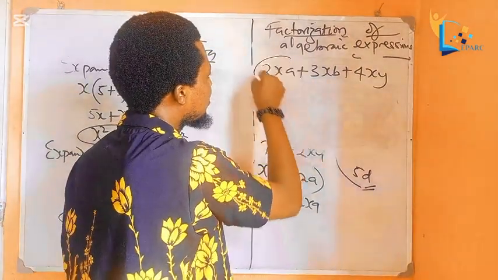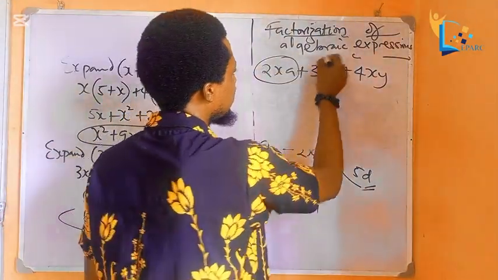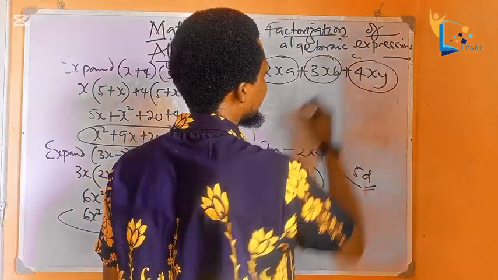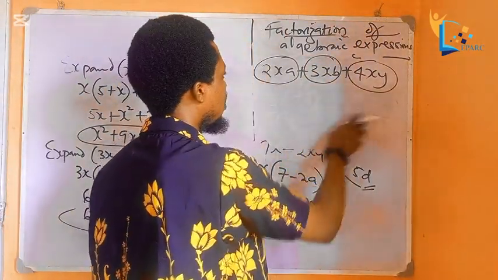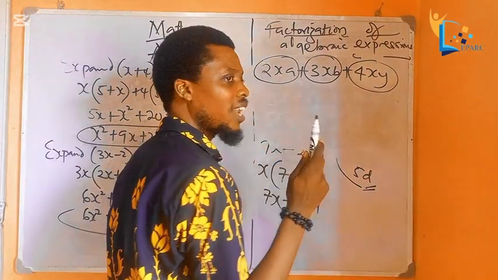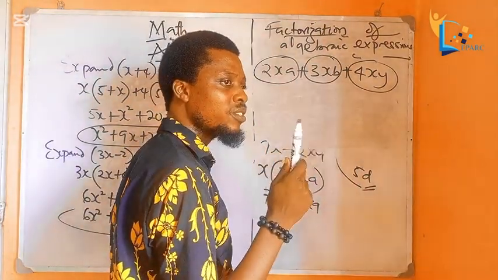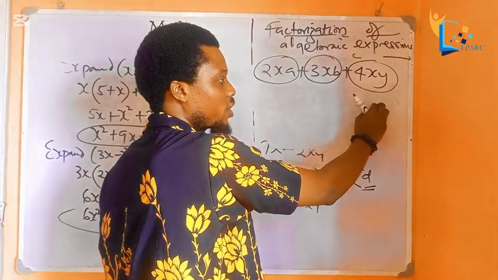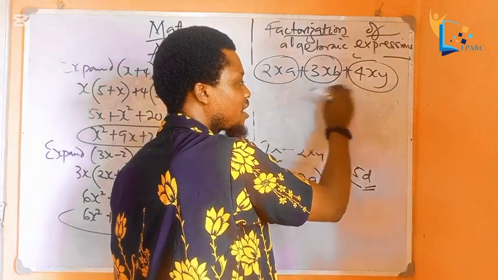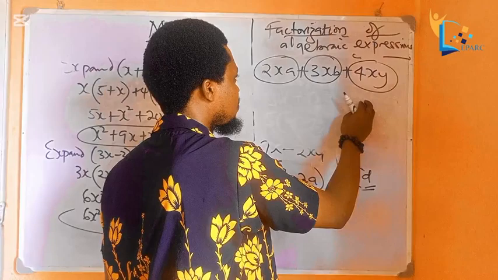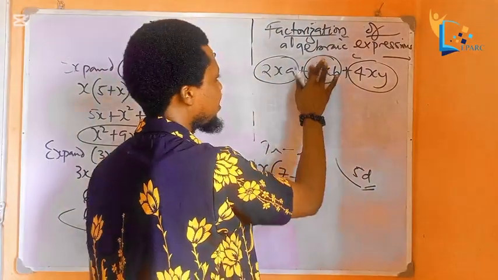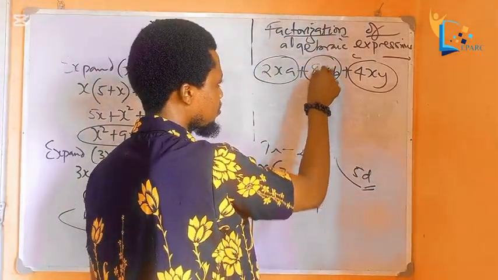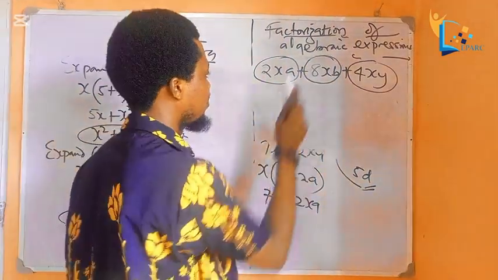If you check these variables here, these are three different sections. You check a common letter or a common number that is common in the three sections. Okay, let's take for instance this is 8.